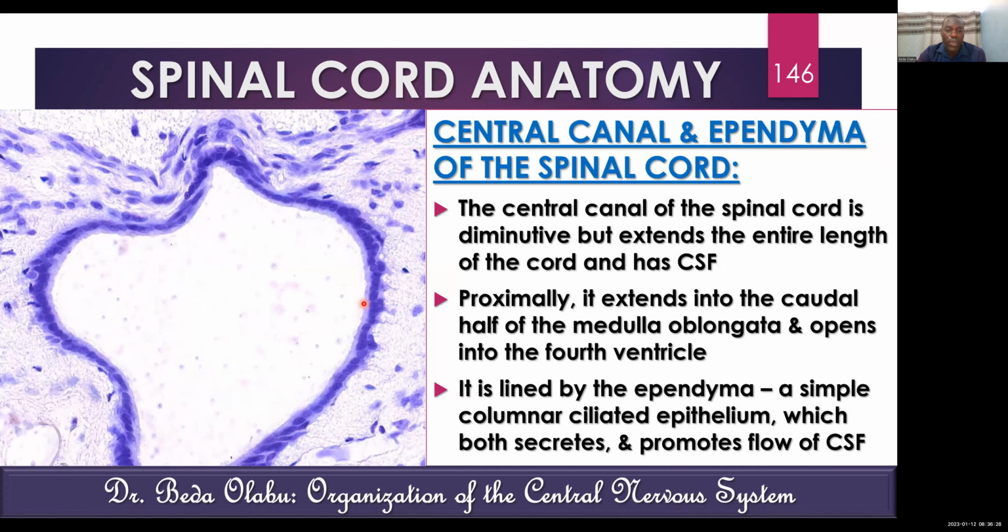So simple columnar ciliated epithelium is the epithelium of the ependyma of the spinal cord. In some situations, this epithelium may be cuboidal, but no big deal. Most of the time, it's ciliated columnar. What's the role of this epithelium? It will secrete CSF into this space.